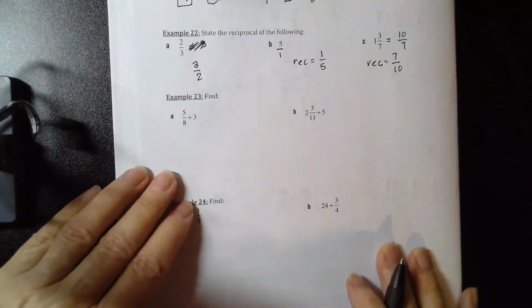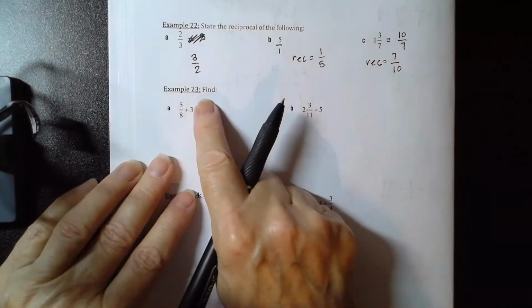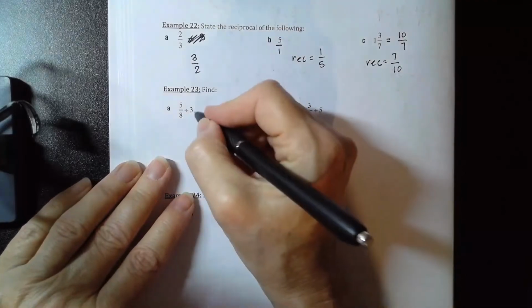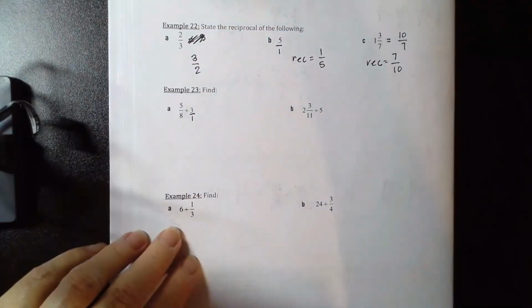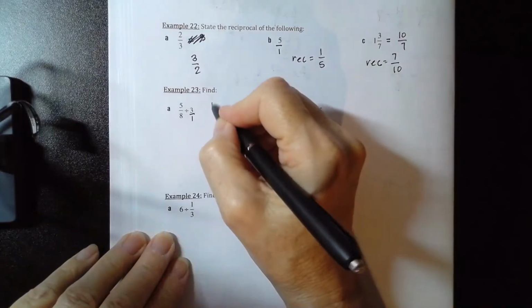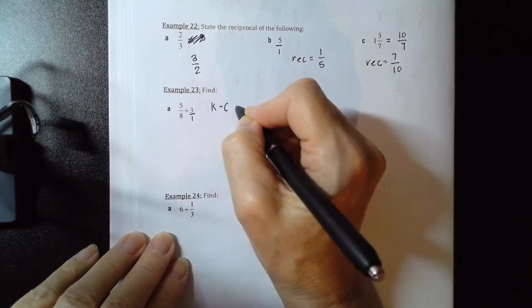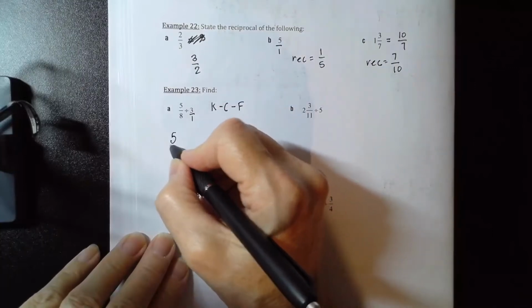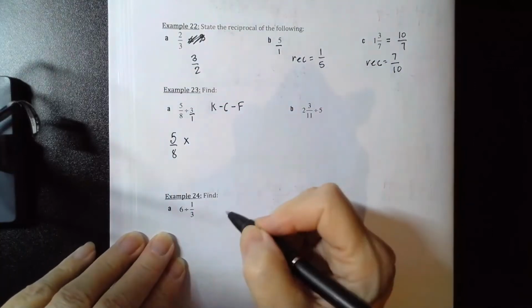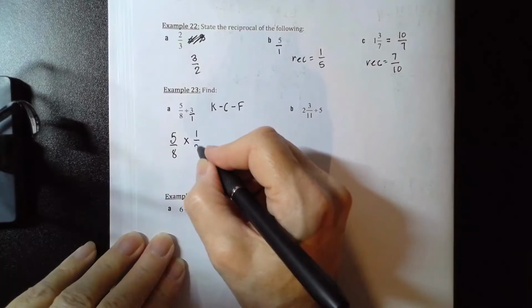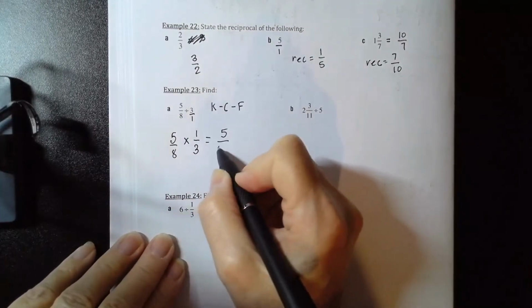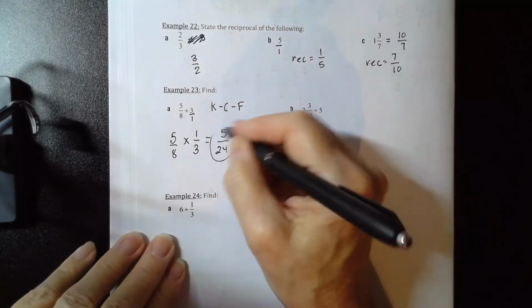All right, let's look at the next example. It says find 5/8 divided by 3. Well, I think I need to make that 3/1 first of all. And then I'm going to do keep, change, flip. Keep the first fraction. Change this to a times sign, and then flip. And then multiply across the top, multiply across the bottom. I have my answer.